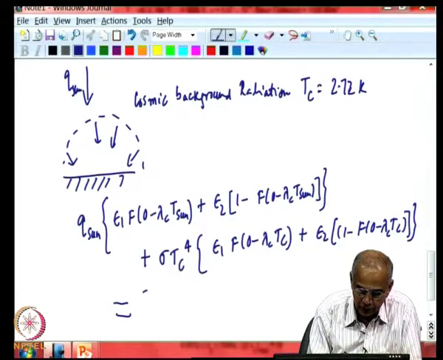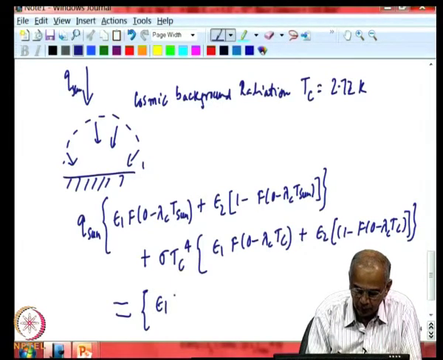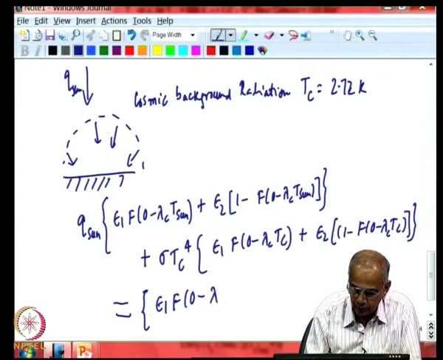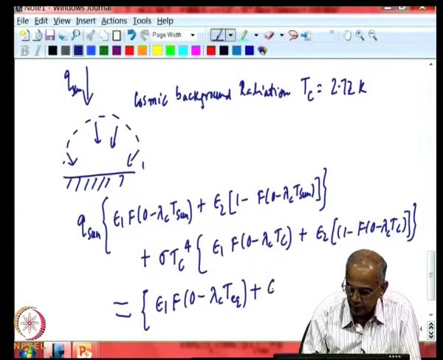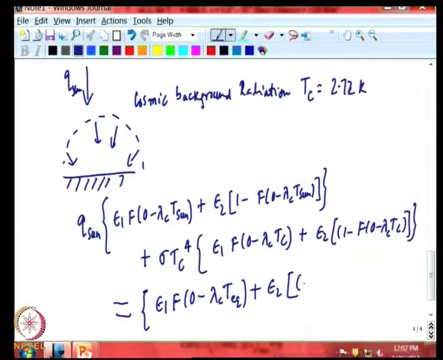The emission from the surface now is going to be epsilon 1 f 0 to lambda c T equilibrium, the temperature of the surface, plus epsilon 2 into 1 minus f 0 to lambda c T equilibrium, into sigma T equilibrium to the power of 4.